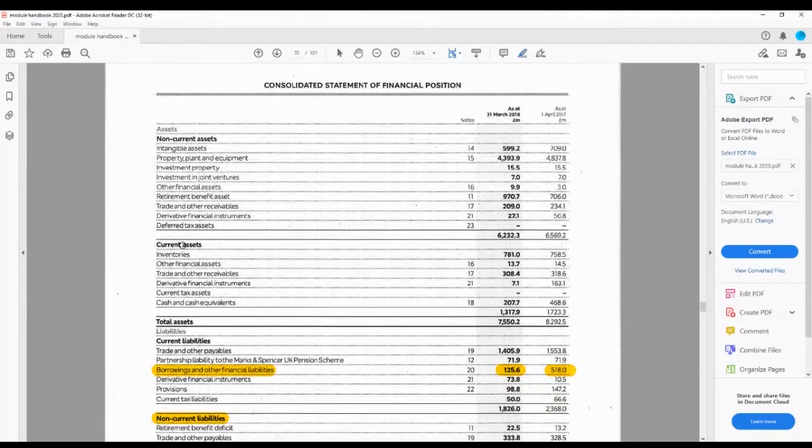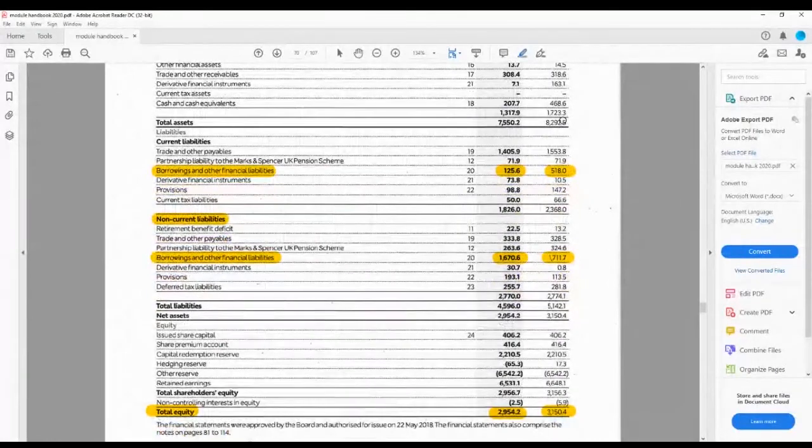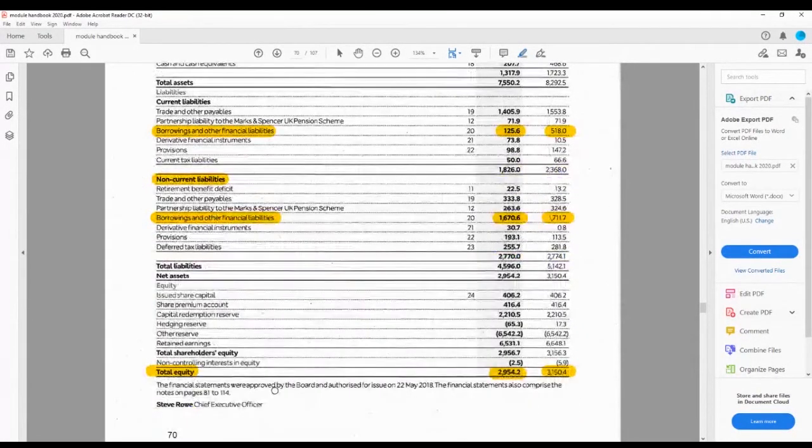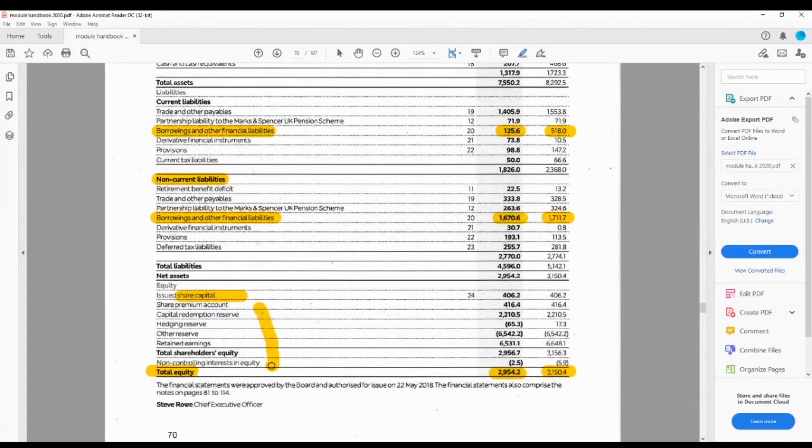There are two columns, 18 and 17, and share capital and reserves basically means total equity. You can see here the figure of share capital, and everything else here is called reserves.